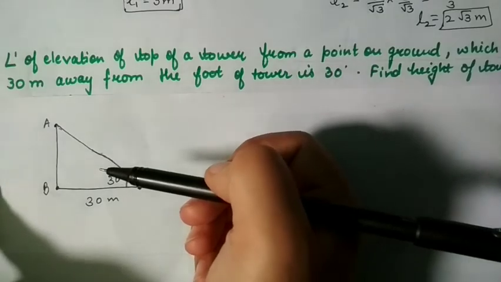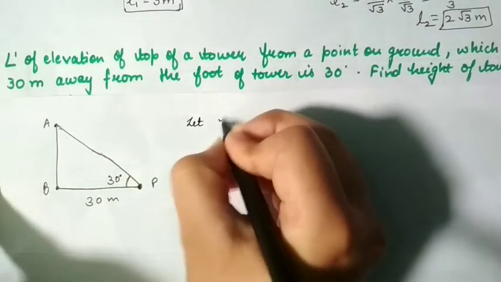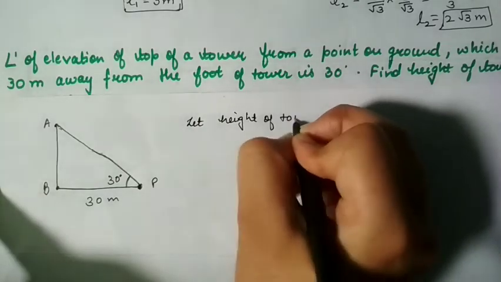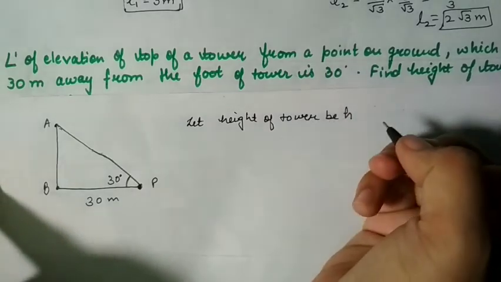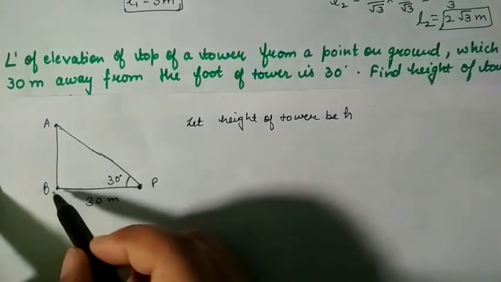We have to find the height of the tower. It means we have to find AB. Let height of tower be H. Okay, now if this is H, so we need to find H, and we know base.